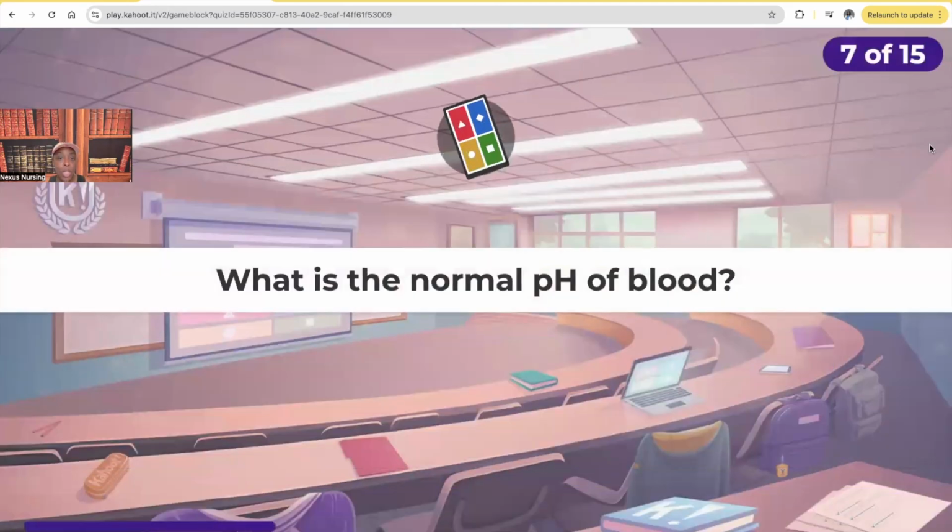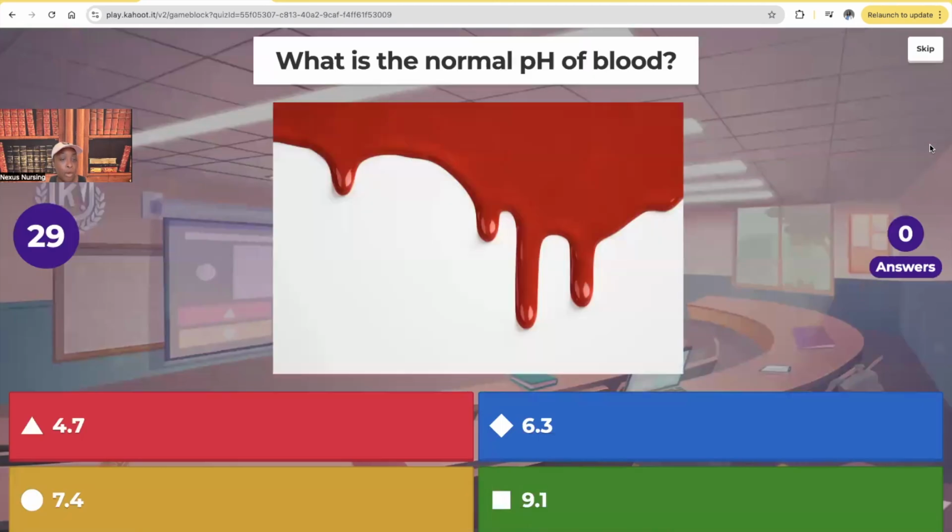All right. What is the normal pH of blood? 4.7, 6.3, 7.4, or 9.1? Bonus if you can tell me the normal range pH of blood. On the live, go ahead and type in the normal range if you know it.